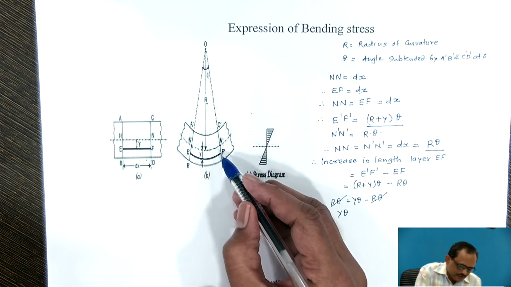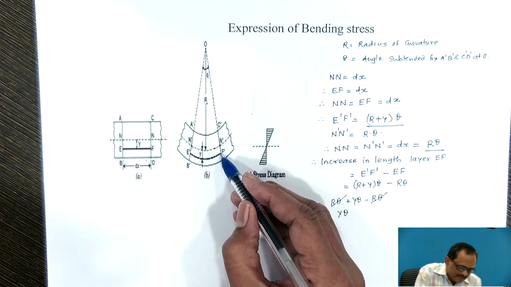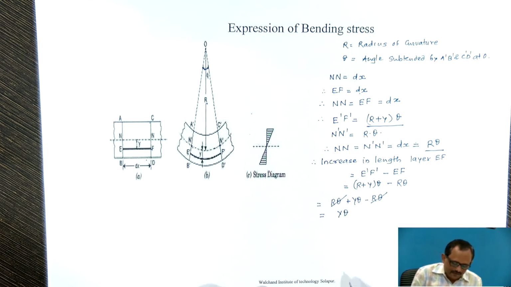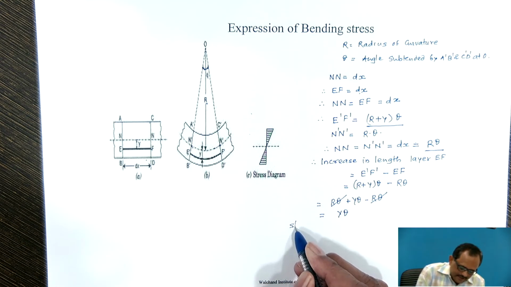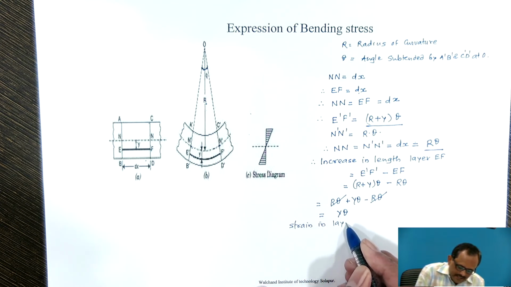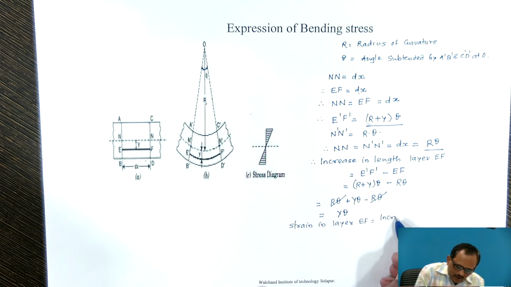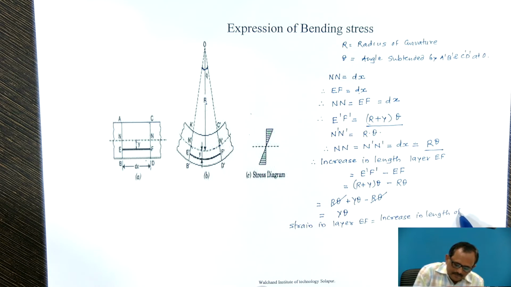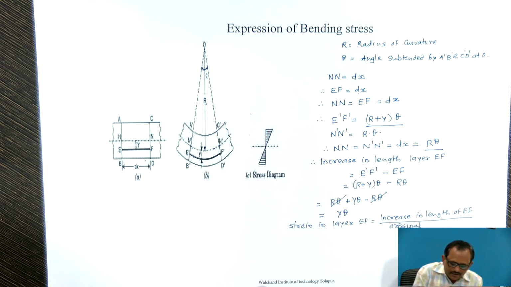Therefore we can now find the strain in layer EF. Strain in layer EF is equal to the increase in the length of layer EF divided by the original length of EF.